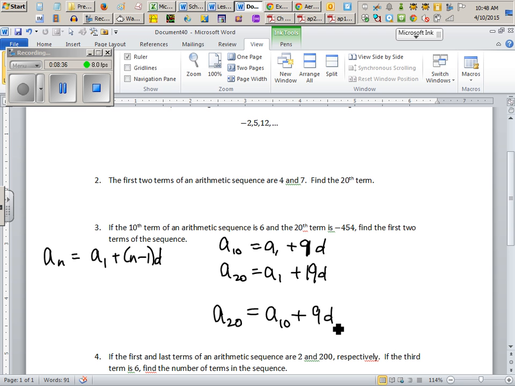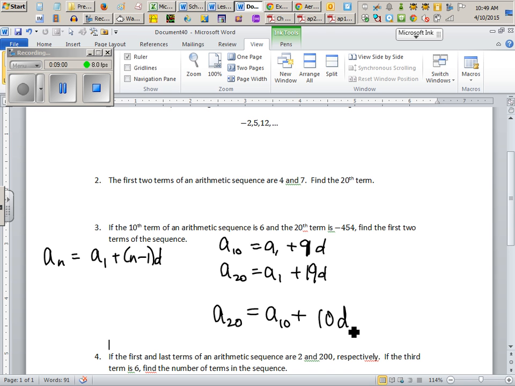So I'm just teaching you to kind of write common sense statements. Here, we're not solving anything quite yet. The 10th term is the first term plus 9 d's, whatever those are. The 20th term would be the first term plus 19 d's. The 20th term would be the 10th term plus 10 d's, technically.